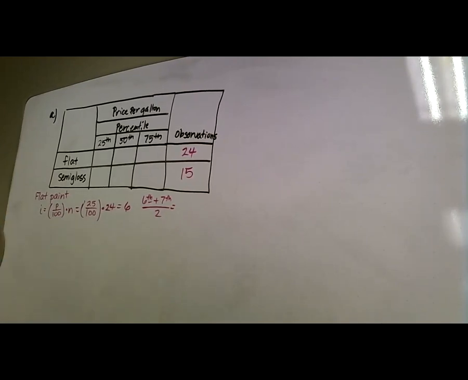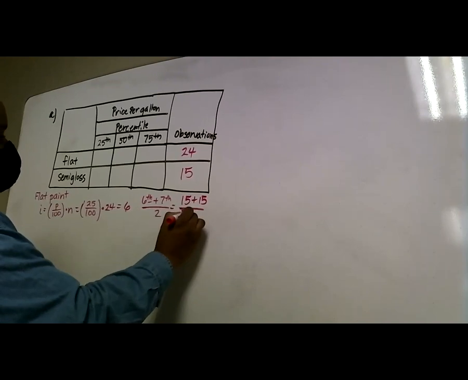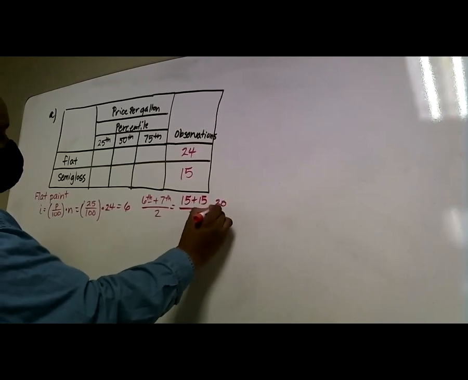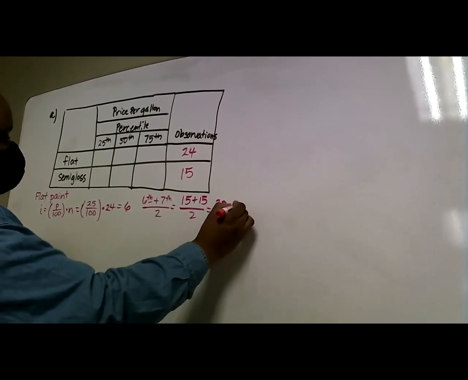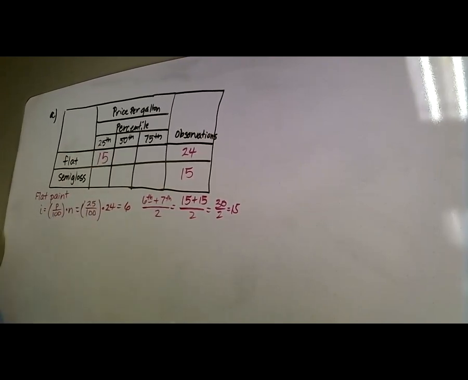So from that table for flat paint, the 6th and the 7th are both 15. Well, that's going to be easy, which means the average is 15. So the number 15 will be the 25th percentile.